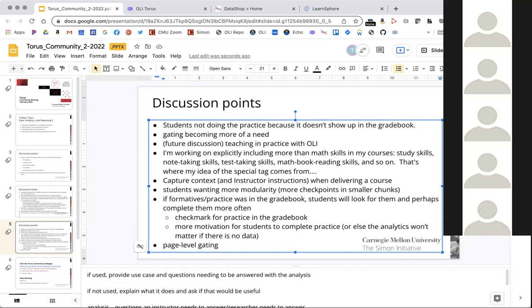There are different types of gating that they've added to Torus, and I'd have to look into what those are. But there's definitely more robust gating features built into Torus than there was in Legacy. But that's another future topic as well, gating in general and how that works, and maybe there are ideas for how else it might be done.